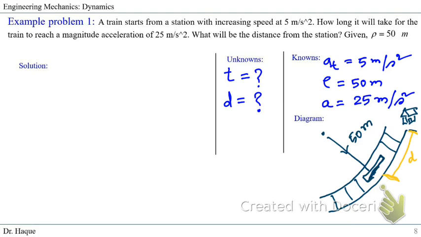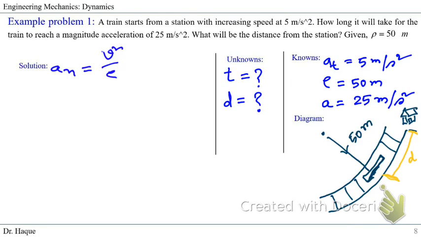So we know the tangential component. Let's look for the normal component of the acceleration. We know the normal component is v square over rho, and we know rho is given. What we don't know is the value of velocity v.